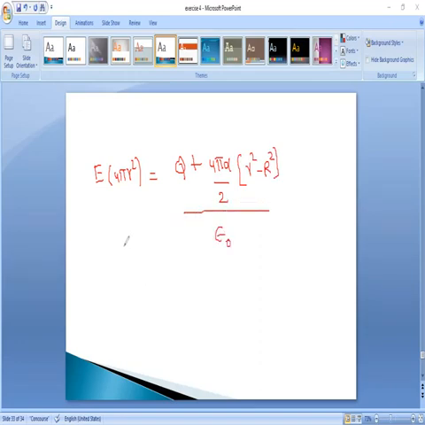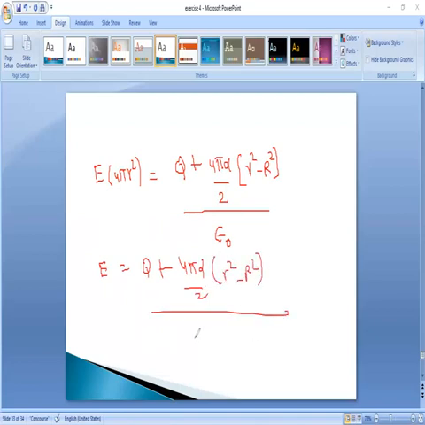This is the formula for E, and finally E will be Q plus 4 pi alpha by 2 into r square minus capital R square by 4 pi epsilon naught r square.